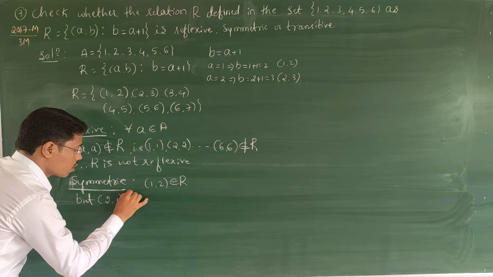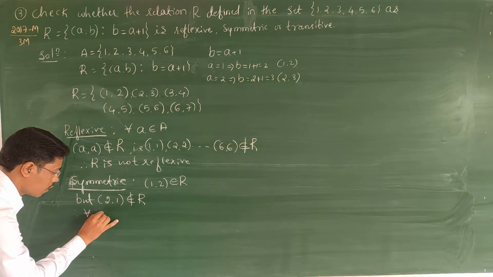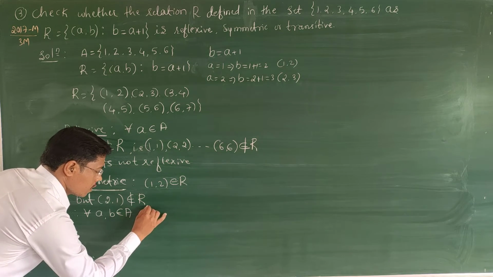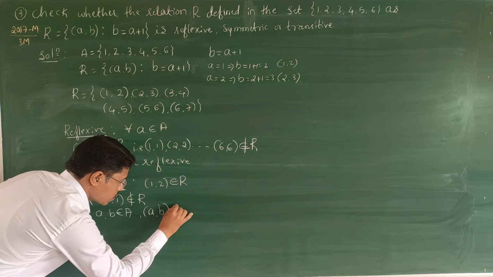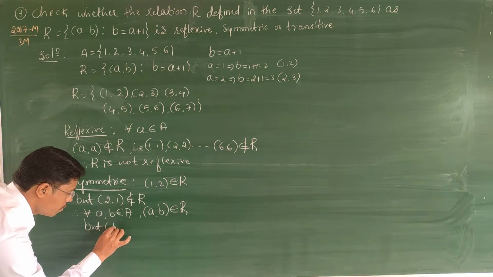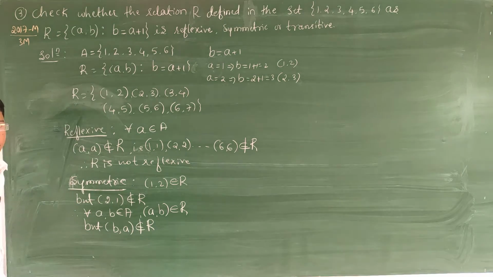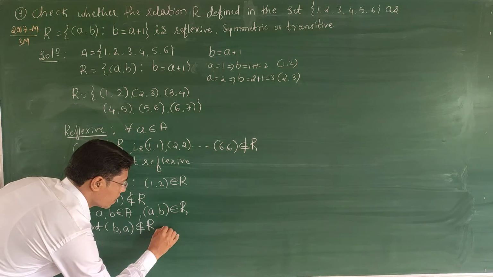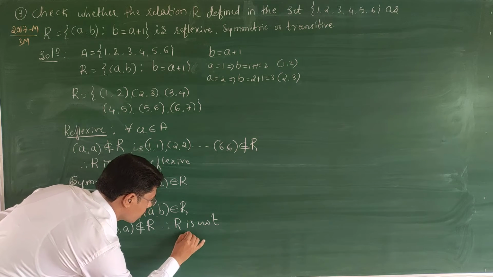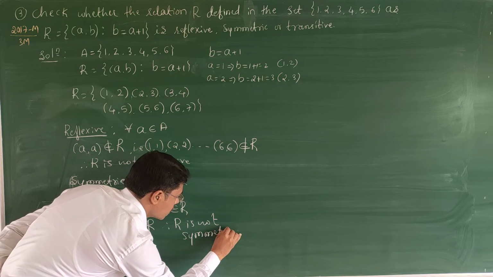So not there. (2, 1) doesn't belong to R. Therefore, for (a, b) belonging to R, (b, a) doesn't belong to R. Therefore, R is not a symmetric relation.